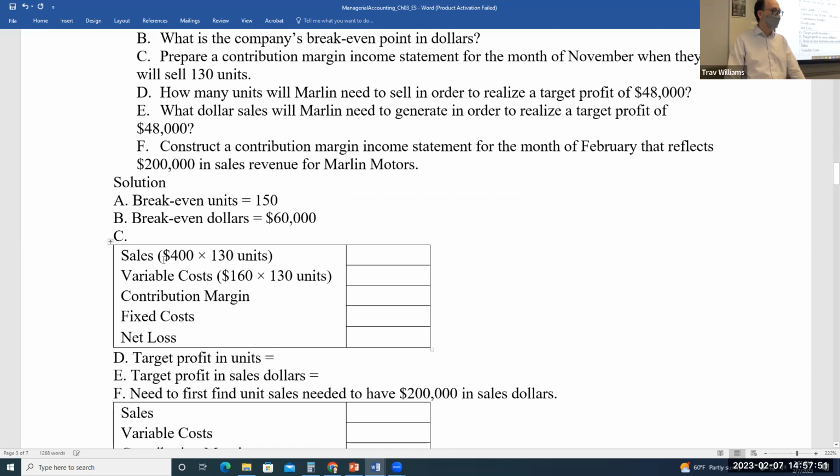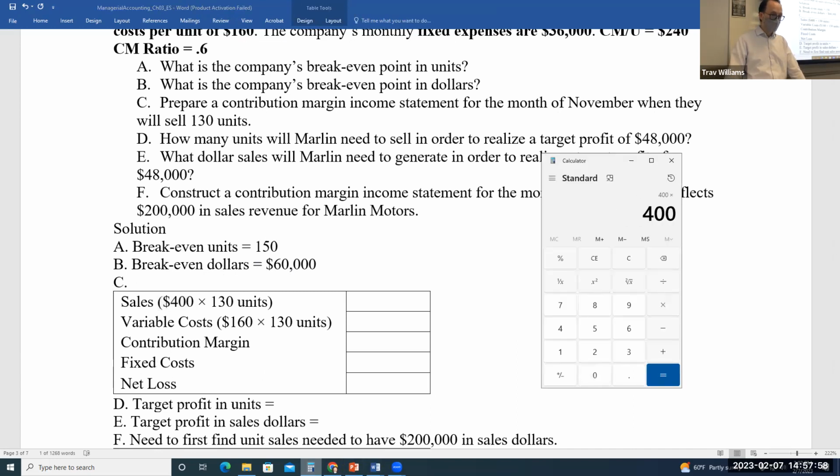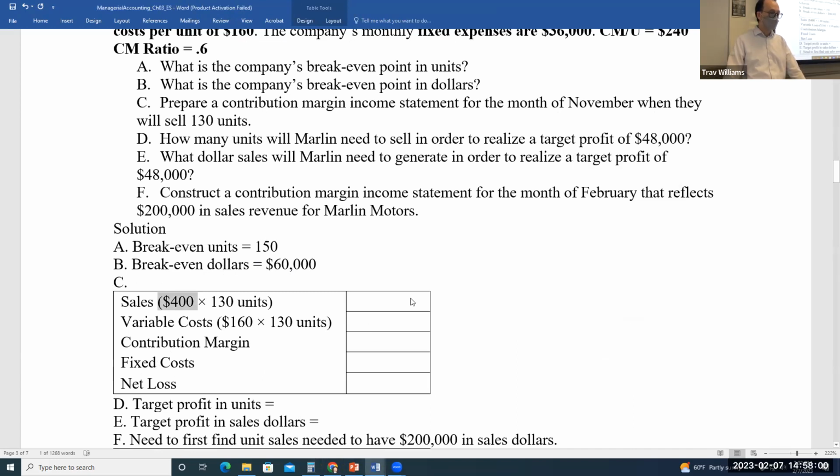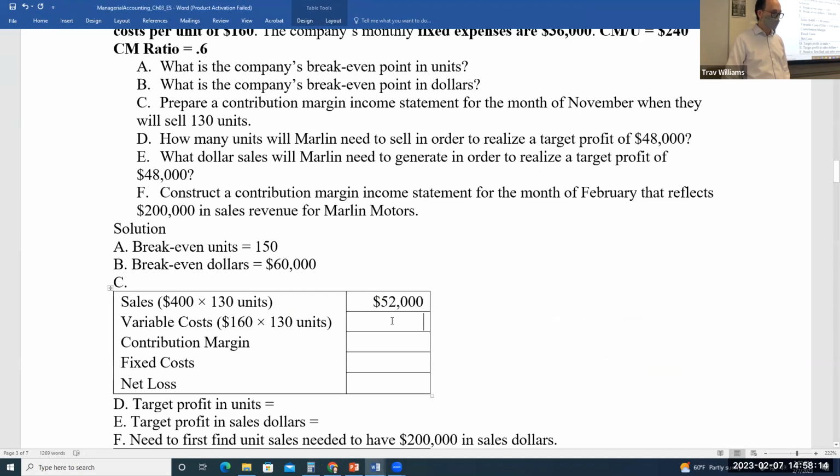So we have $400 sales price times 130 units, 52,000. That's our revenue. Then we've got $160 variable cost per unit times 130 units. 20,800 of variable costs.